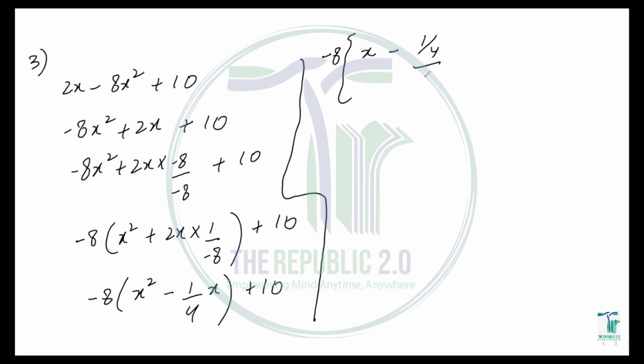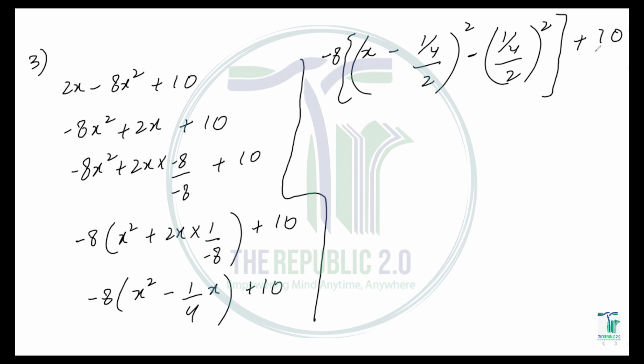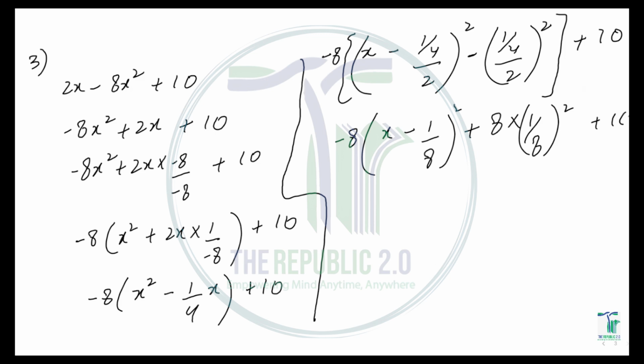Negative 1 by 4 divided by 2 whole squared, and then negative 1 by 4 divided by 2 whole squared, bracket close, and then plus 10. And now I would be having negative 8 bracket x minus 1 by 8 whole squared, minus minus plus 8 times 1 by 8 whole squared, and then plus 10 as it is.